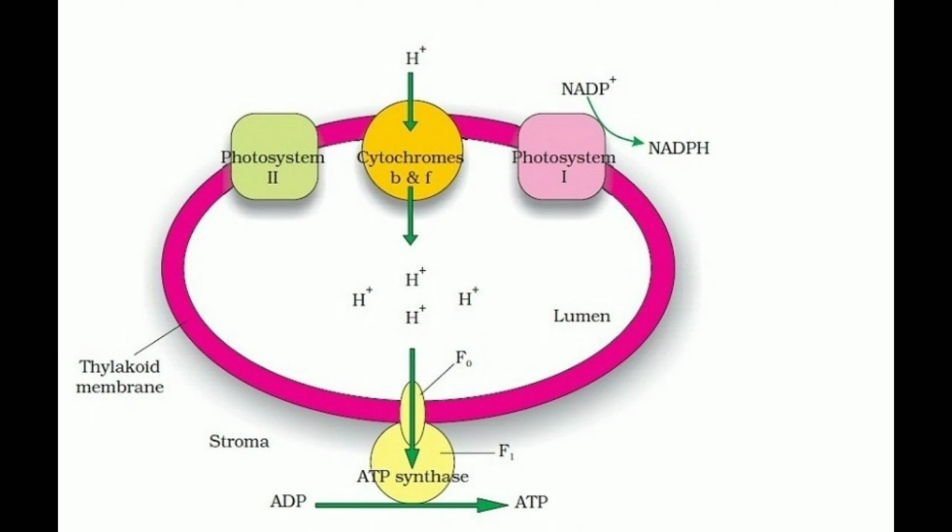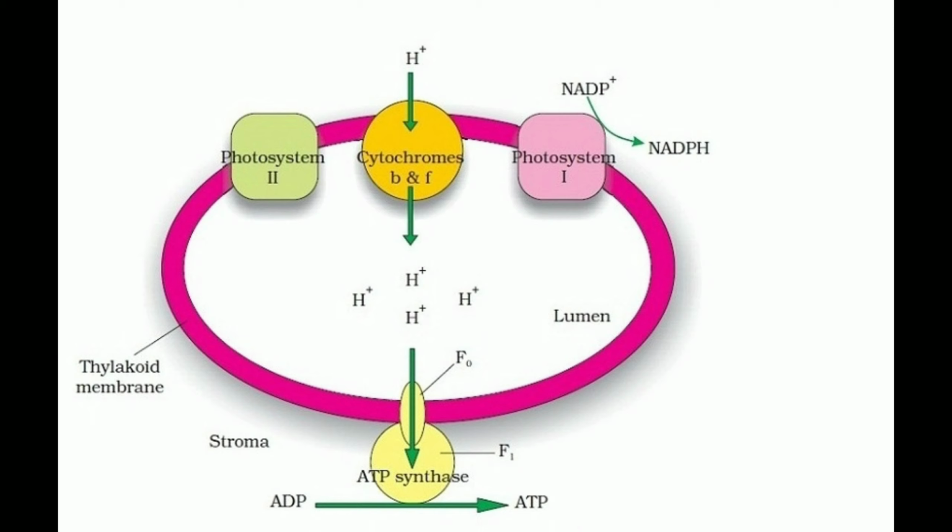Okay, now we got ATP. On the outer membrane we have NADP reductase. So this NADP reductase has to be replaced by a proton. From photosystem 2, an electron pair is transported to photosystem 1 and to the NADP.